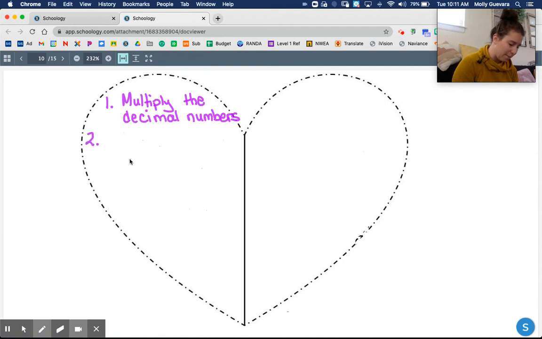The second step is, because we're multiplying scientific notation, when I multiply something with exponents, I add the exponents. We have to think back to that rule of exponents. So then what I'm going to do is add the exponents of the powers of 10.